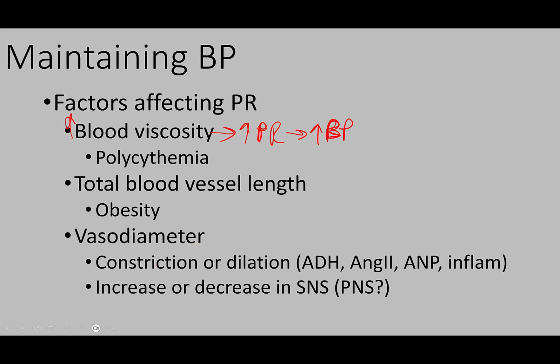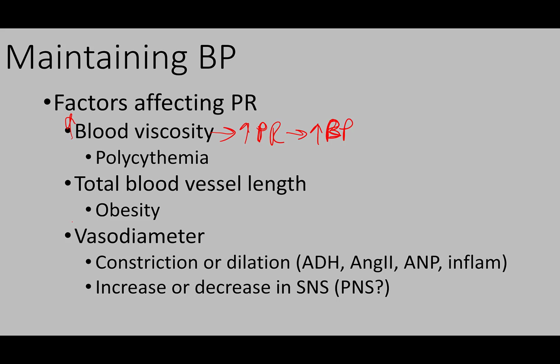And next, vasodiameter. Well, obviously vasodiameter we've discussed with peripheral resistance way back in the very first lecture of this block. Vasodiameter, so either vasoconstriction or vasodilation, affects peripheral resistance. When we have vasoconstriction, vasodiameter decreases. And when vasodiameter decreases, peripheral resistance increases.